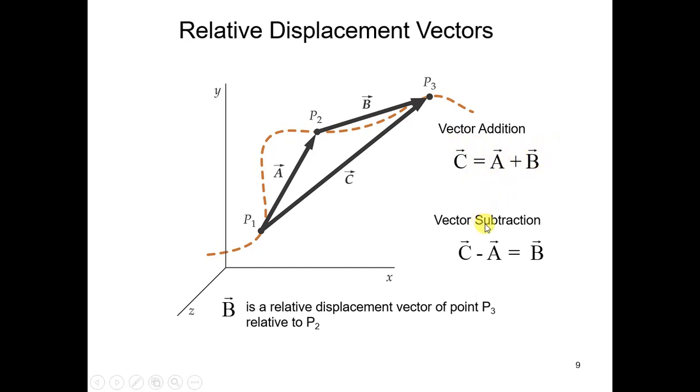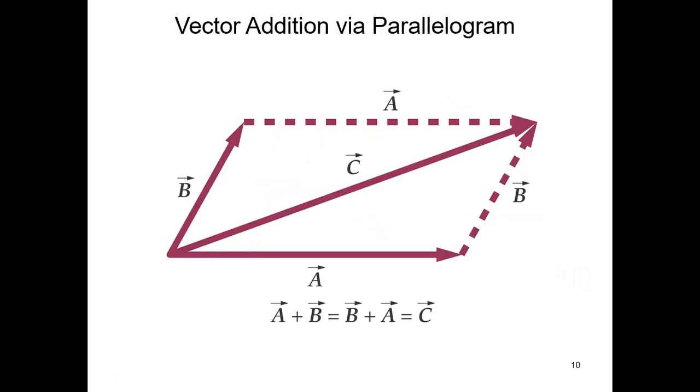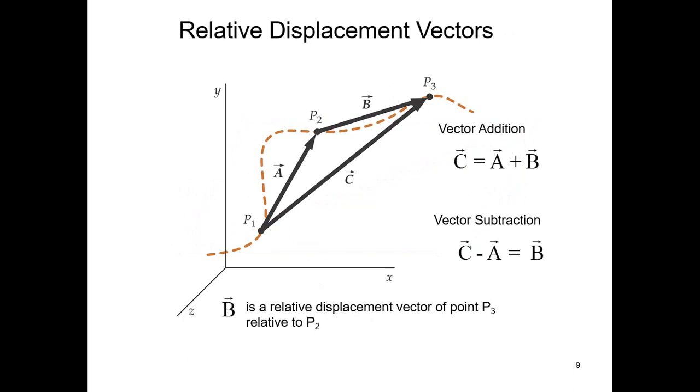For the vector subtraction, a is subtracted from c, so we get c minus a, which is also the vector b. So this is the relative displacement vector of point p3 relative to p2. This is known as the relative displacement vector.